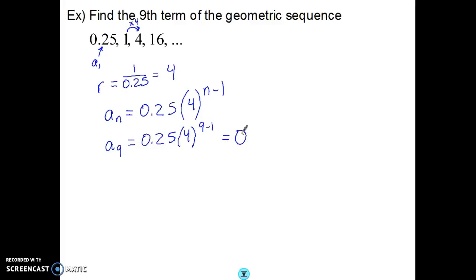Well, that's the same as 0.25 times 4 to the 8th, and we can put that in our calculator, and I believe it comes out as 16,384. So you can see these numbers can get big pretty quickly, or sometimes small really quickly.